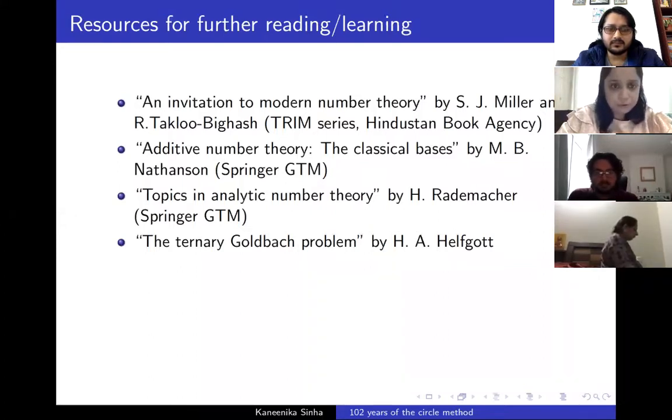This would be a good book to read. This is very different from the previous reference. They give all the details. So if you like to have everything in front of you and work through that, this would be a great source.